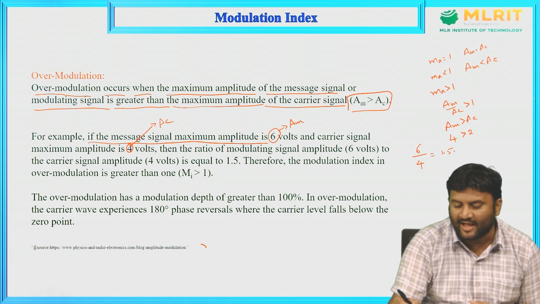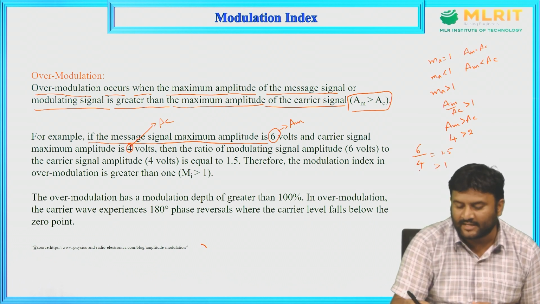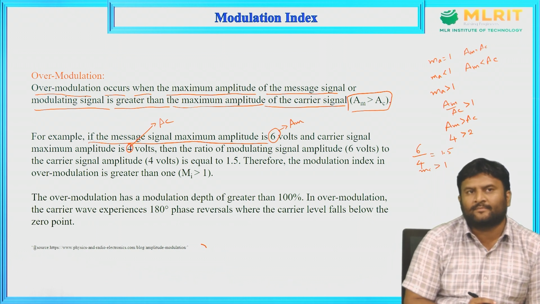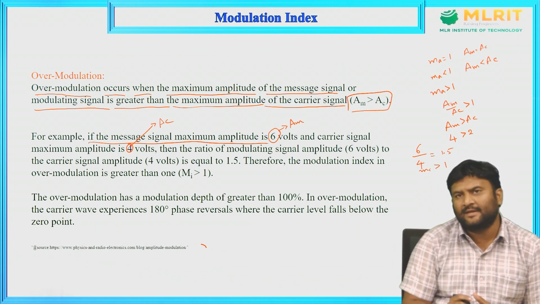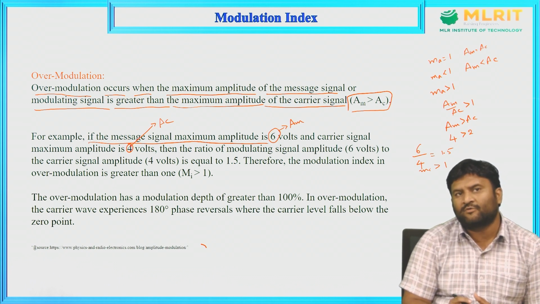Tell me, this value is greater than 1. This value is greater than 1 means the modulation index value is greater than 1. That is the meaning of over modulation. The modulation index value is greater than 1. That is called over modulation.